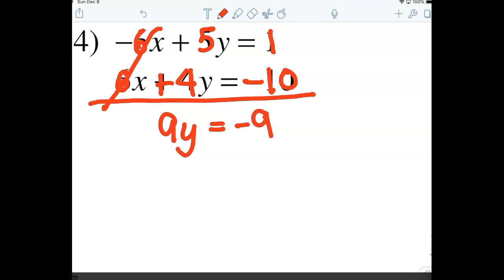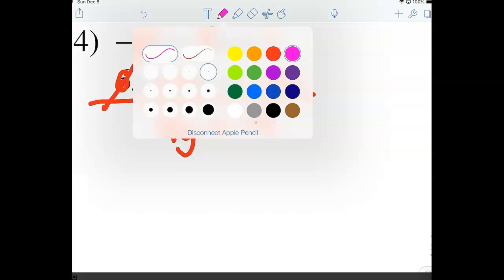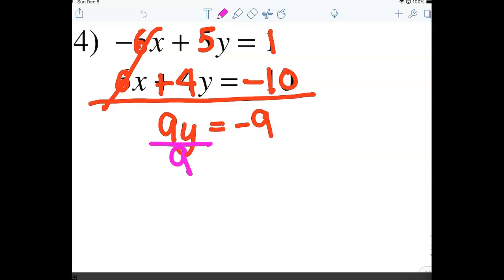Okay, the y is not alone. La y no está sola. So I need to get the y alone by dividing. So divido 9, divido 9. Y equals negative 1.